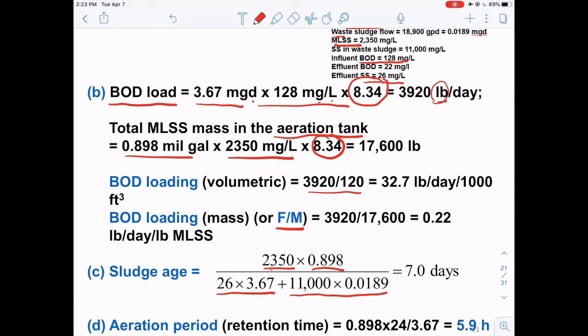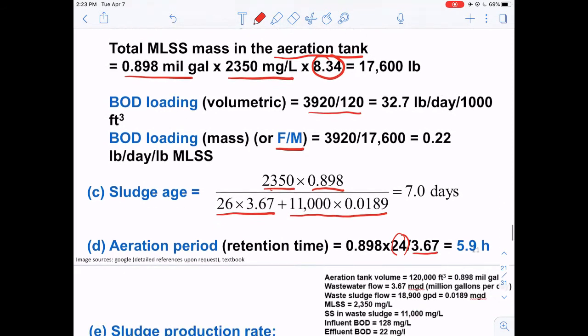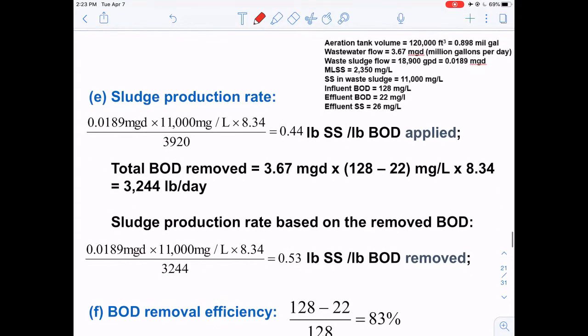The aeration period is just the total volume of the aeration tank divided by the flow rate of the wastewater, and then we multiply that by 24, mainly because we want to convert days into hours.